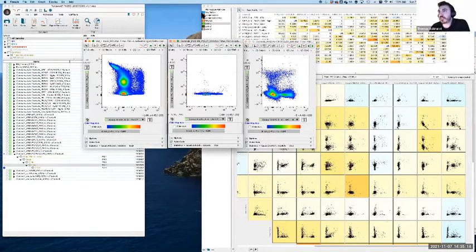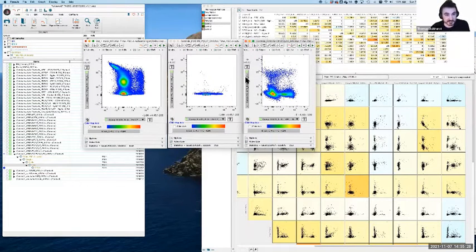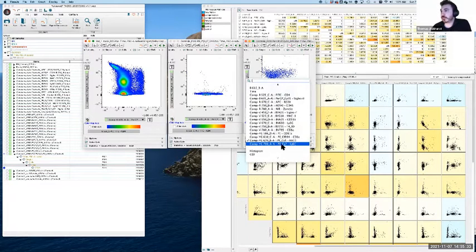So for example, this FMO is the same sample, with all of the antibodies included except for PE Psi 7. So there is no PE Psi 7 signal in this sample. And this one is for Psi 5.5, so it's the exact same deal, but every color is there except for Psi 5.5.